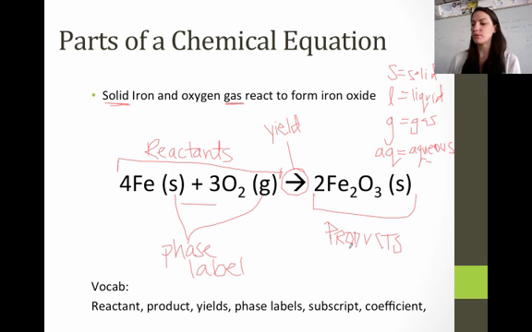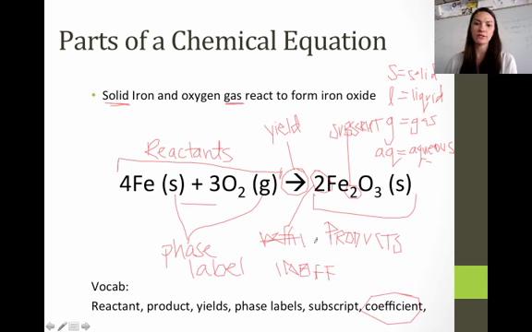The other thing I want you to pay attention to are these numbers. There are numbers out in front and numbers at the bottom. From our prior work, you know the ones below are called subscripts, sub meaning below. And just like in math class, the numbers out in front are called coefficients.